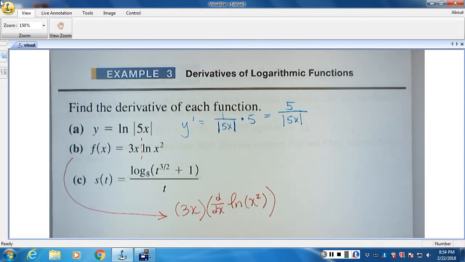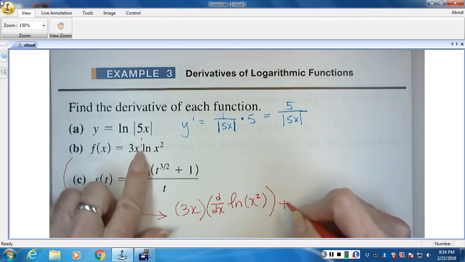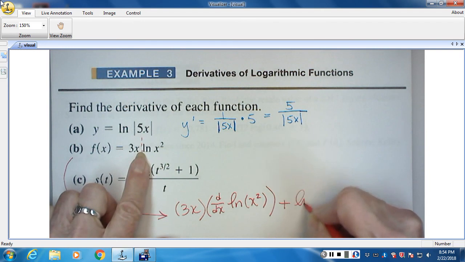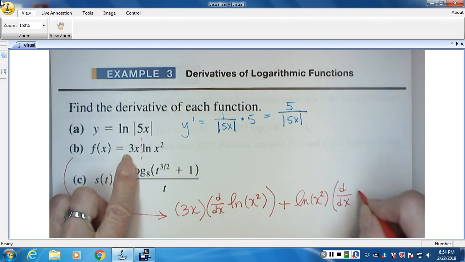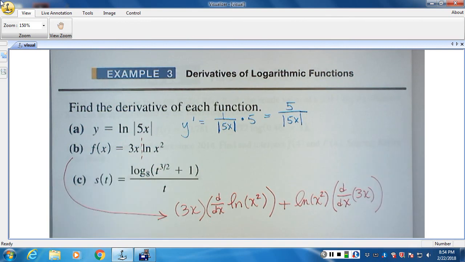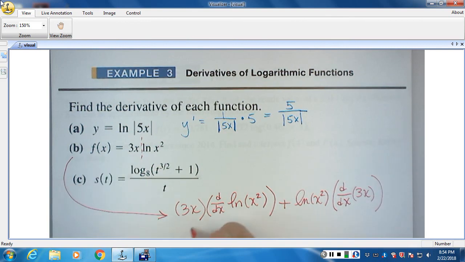You may skip it, but I wrote it in so you'll know why I'm doing the next thing I do. Then I'm going to add it to the natural log of x squared, and I'm going to multiply that times the derivative of 3x. So when I find f prime of x, this is what I'm going to find.